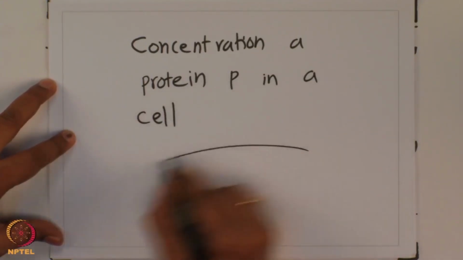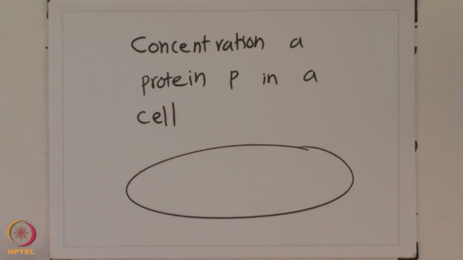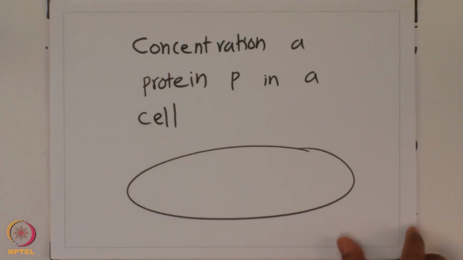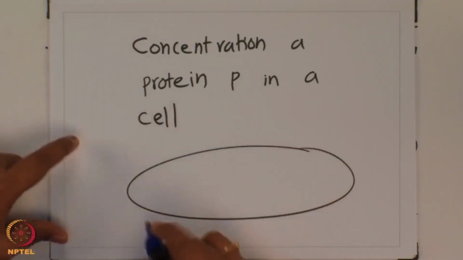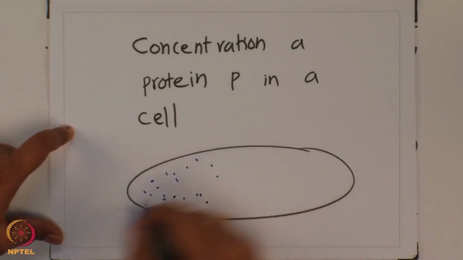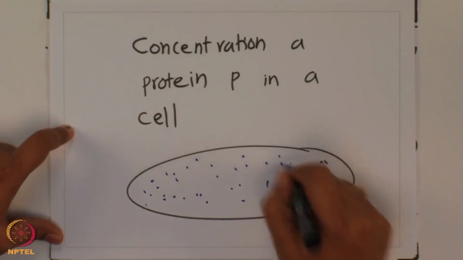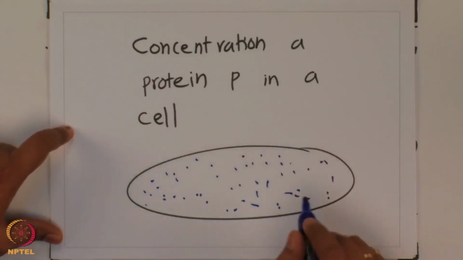If you draw a cell like this, what are the possibilities for how this protein P might be distributed? It could be equally, uniformly distributed everywhere.